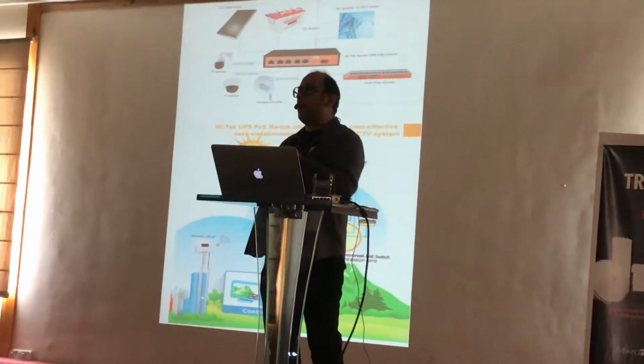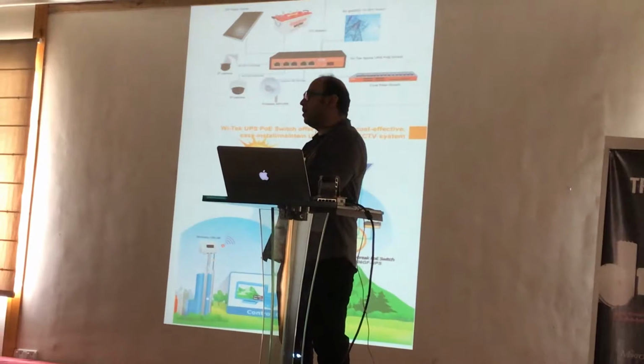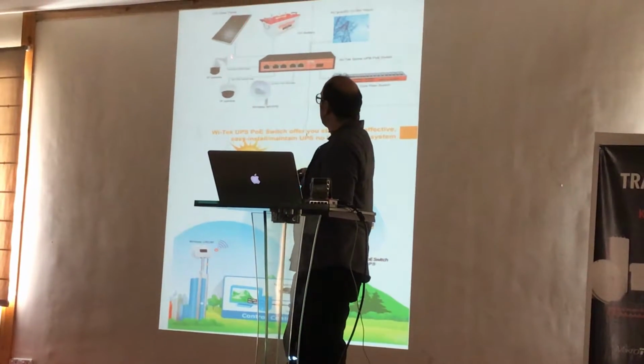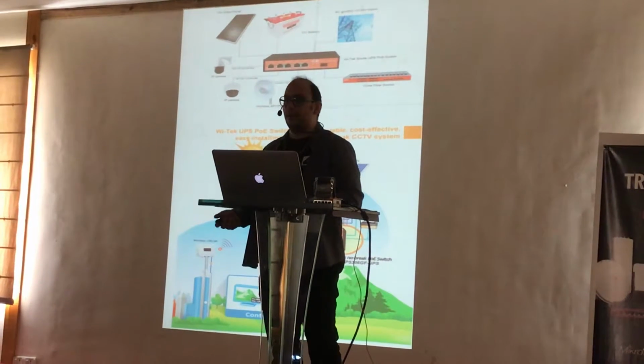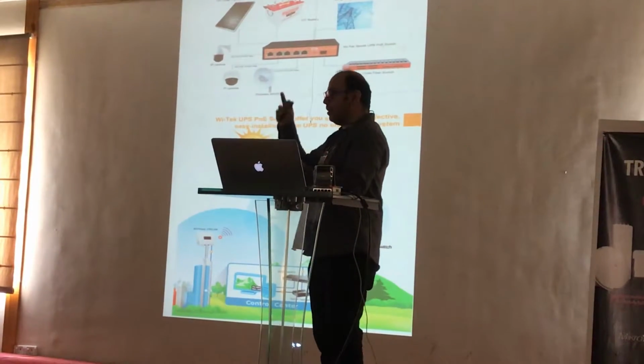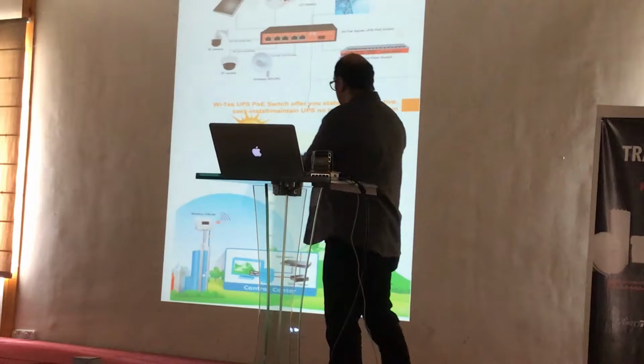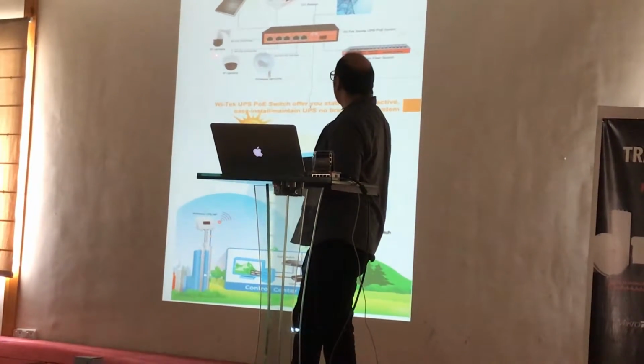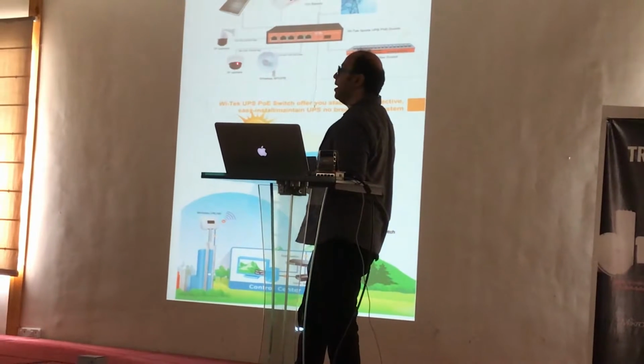If you have city power, you also can connect your city power. If the city power is available, it works with city power, otherwise from the panel. So connect the battery, connect the panel, connect the city power, and just power up your devices. Devices can be cameras, wireless devices, anything.